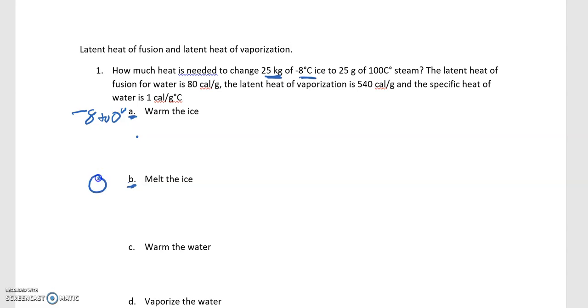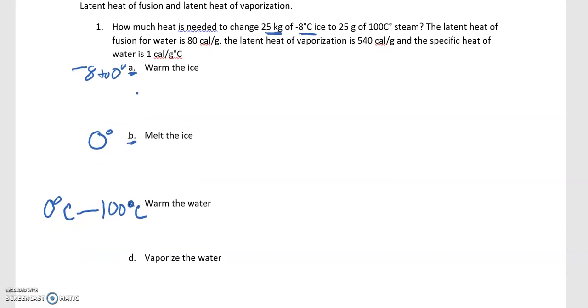Now, as we are melting the ice, remember, during a phase change, the temperature does not change, so it's going to be at a constant 0 degrees Celsius. Once we get all that ice melted, then we'll have liquid water at 0 degrees Celsius, so we then have to warm the water, from 0 degrees Celsius up until we get to 100 degrees Celsius, because at 100 degrees Celsius is where we will start vaporizing our water.